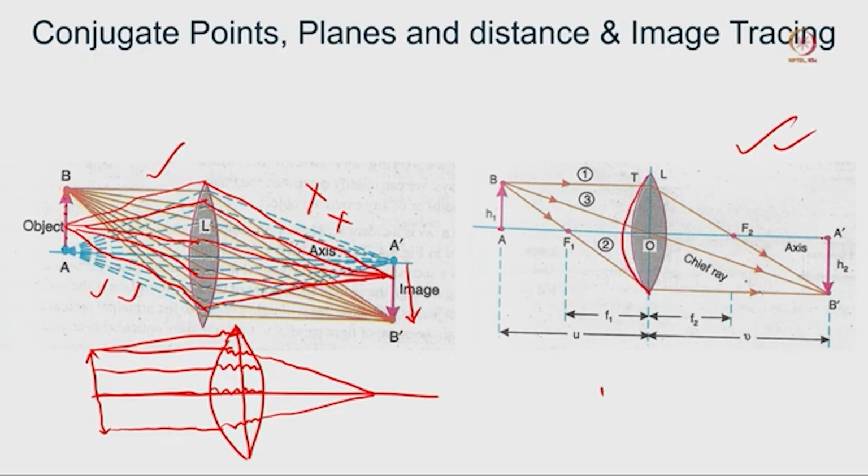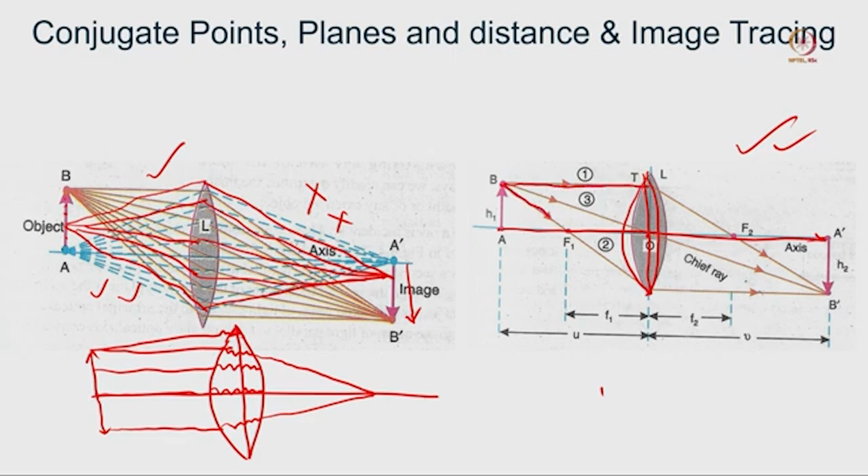Here we have a glass lens, and this is the center point of the glass lens, and then this is the object. The ray from the object goes through the optical axis, which is marked as the axis. Then there will be three other rays coming from the top part of this object and going through the lens.